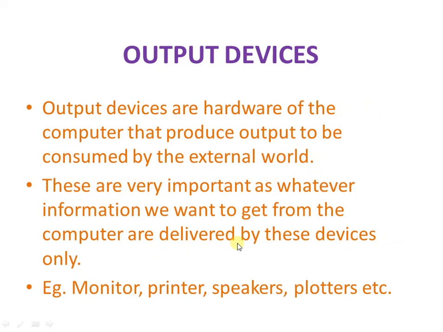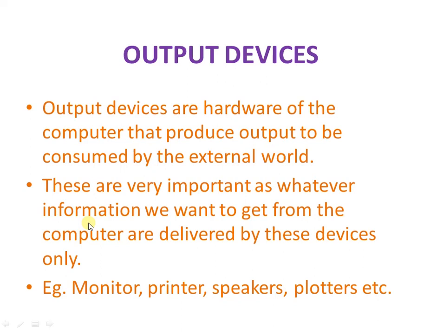Output devices are hardware of the computer that produce output to be consumed by the external world. These output devices are basically used to get output from the computer in the form of information. They are very important, because whatever information we want to get from the computer is delivered by these devices only. Any type of information, like a hard copy or a monitor.